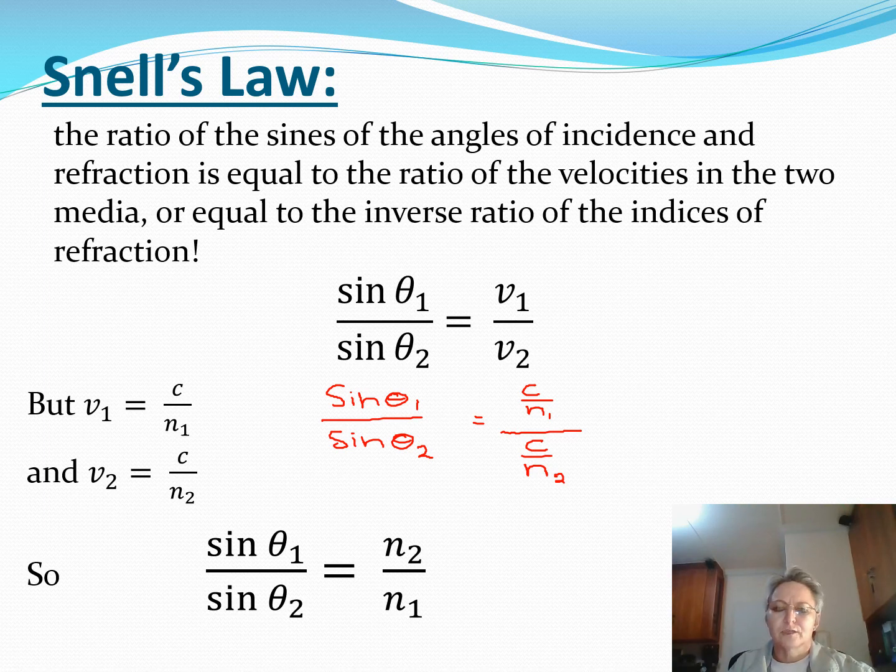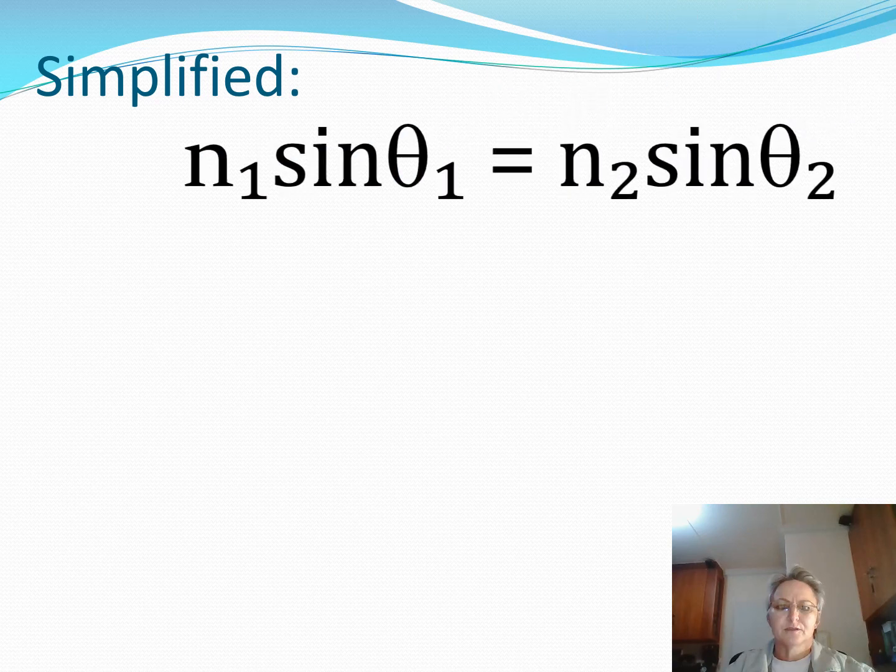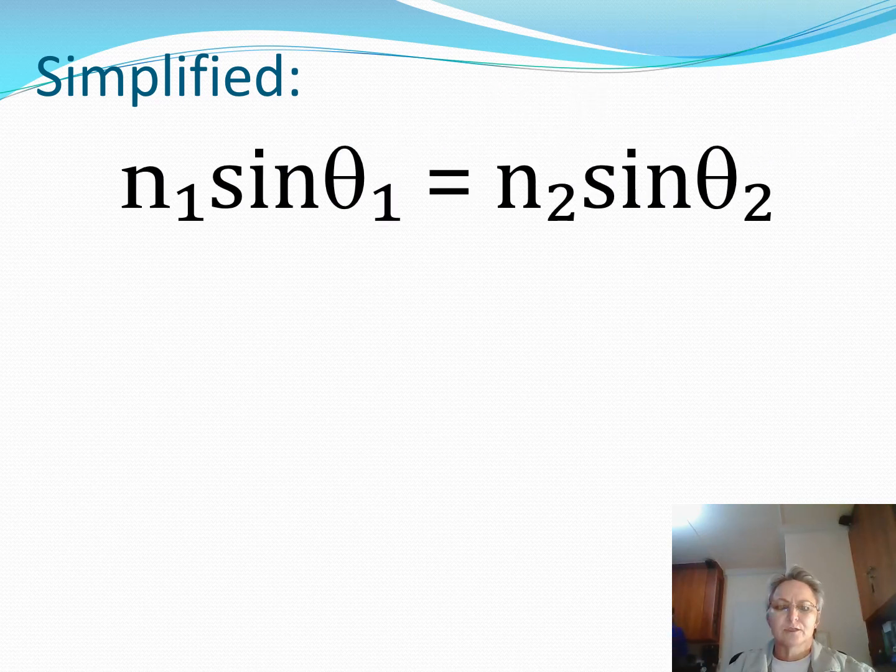And if we do that, c over N1 multiplied by N2 over c, and the c's will cancel, so you get that ratio. So if we take that and we simplify it, we get N1 sine theta 1 equals N2 sine theta 2.